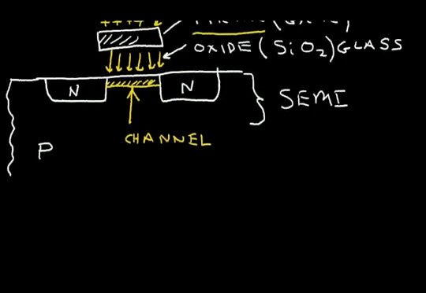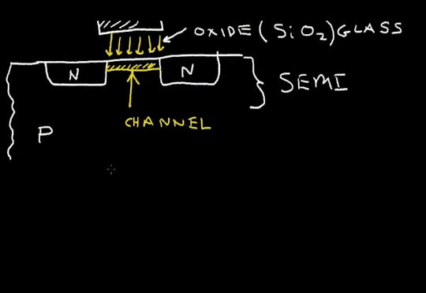Now, if I draw the symbol for this transistor, let me change colors here. This is the basic symbol. Let me shade the N region a little bit here.